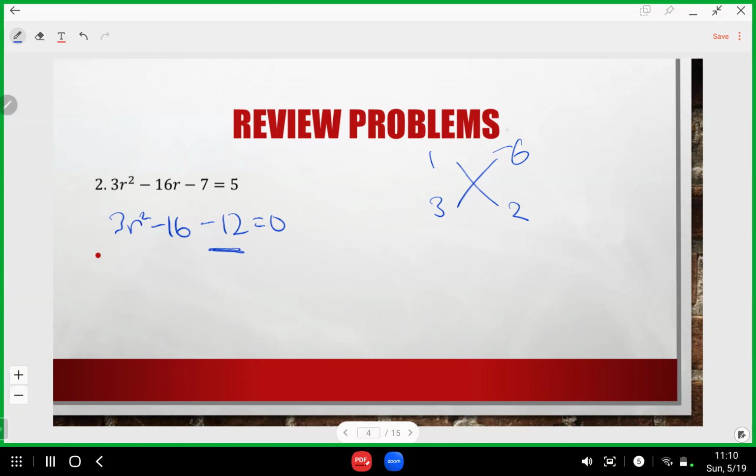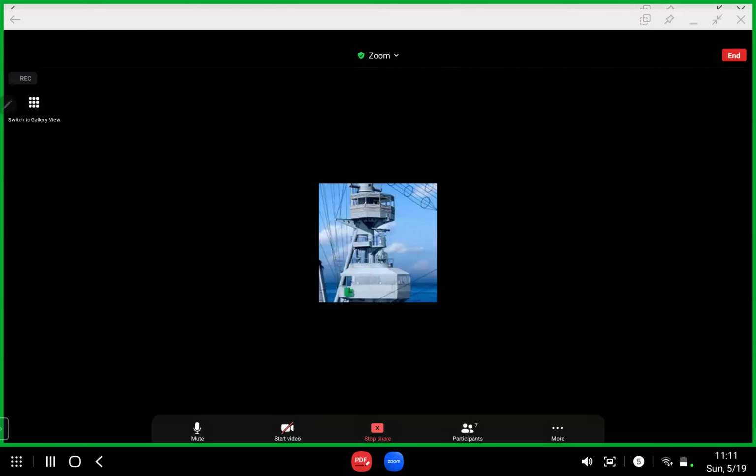As you can see, when you cross multiply, you get 3 times -6 and 1 times 2, which is equal to -16. So that works. Once it works, we can take r minus 6 from the top parallel like this, and then 3r plus 2, like so. We get r is equal to 6, and r is equal to -2/3. Okay? Like that. Are there any questions here?